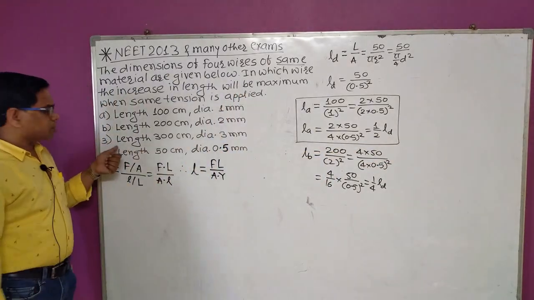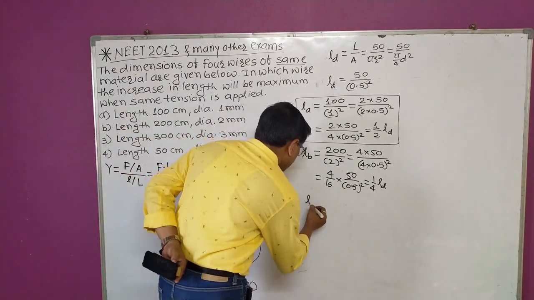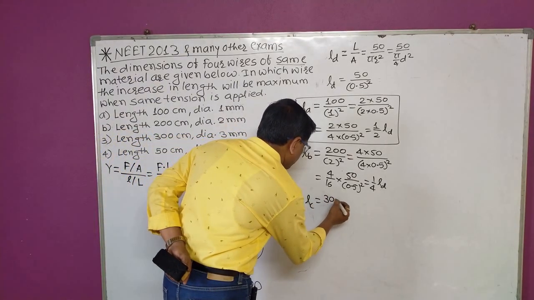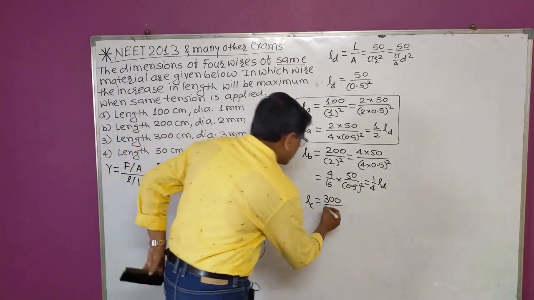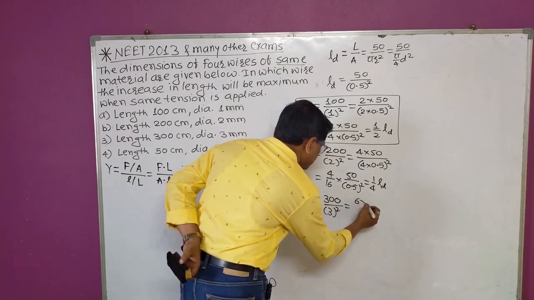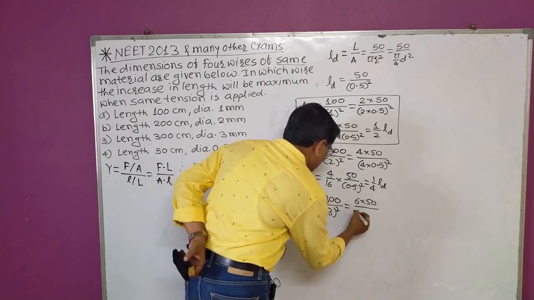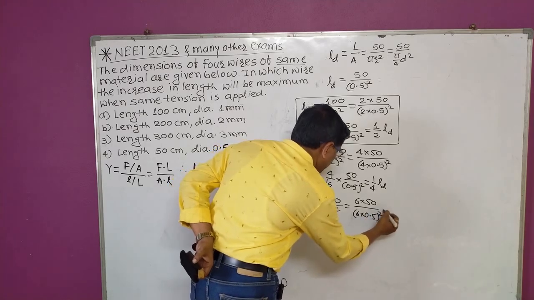Now we will solve for the third wire. The length is 300 centimeter. So LC is equal to 300 upon its diameter 3 mm square. This is equal to 6 into 50 upon 36 into 0.5 square.